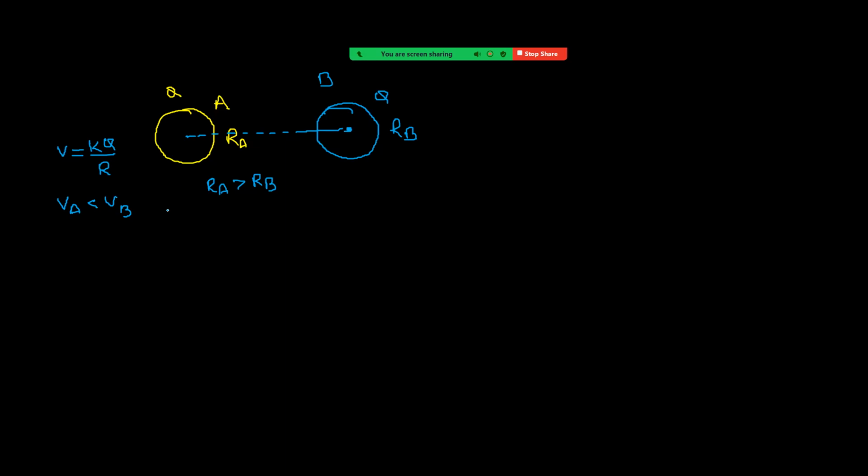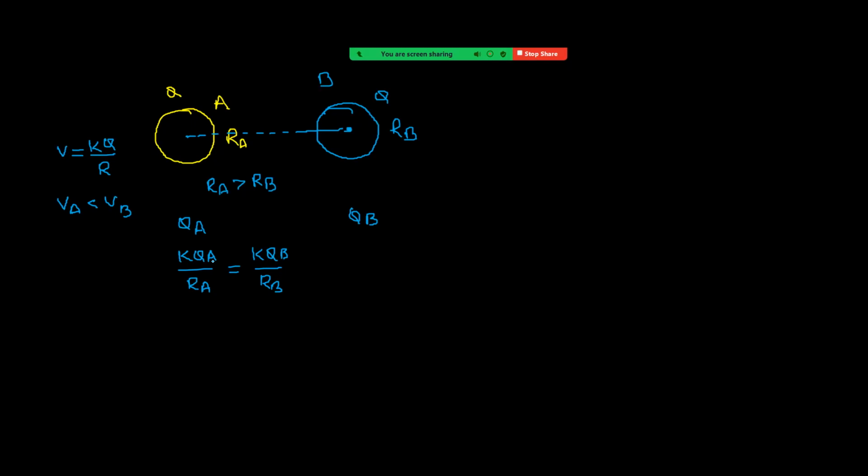Right. Let us take the final charges as QA and QB. Then what can I write? Potentials are same, so K QA by RA should be equal to K QB by RB. Finally both must have the same potential. Now see the options regarding this, since RA is greater than RB.